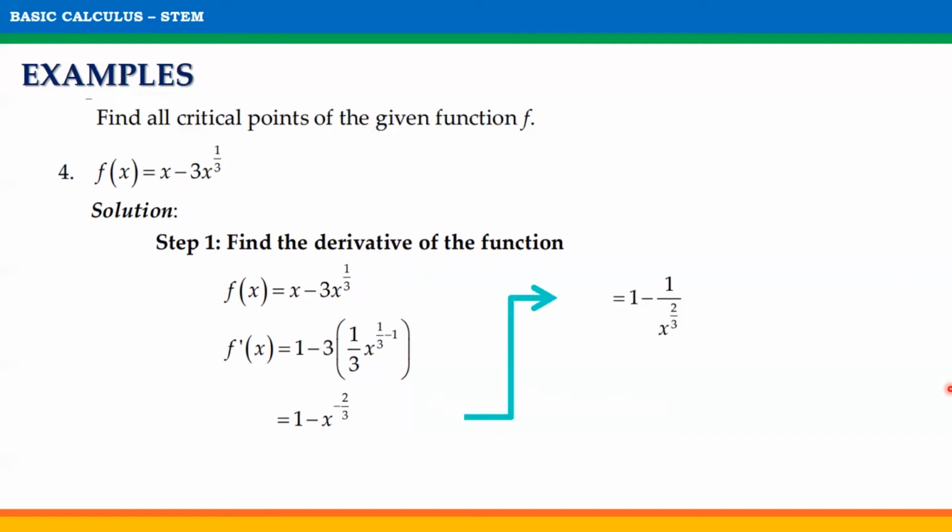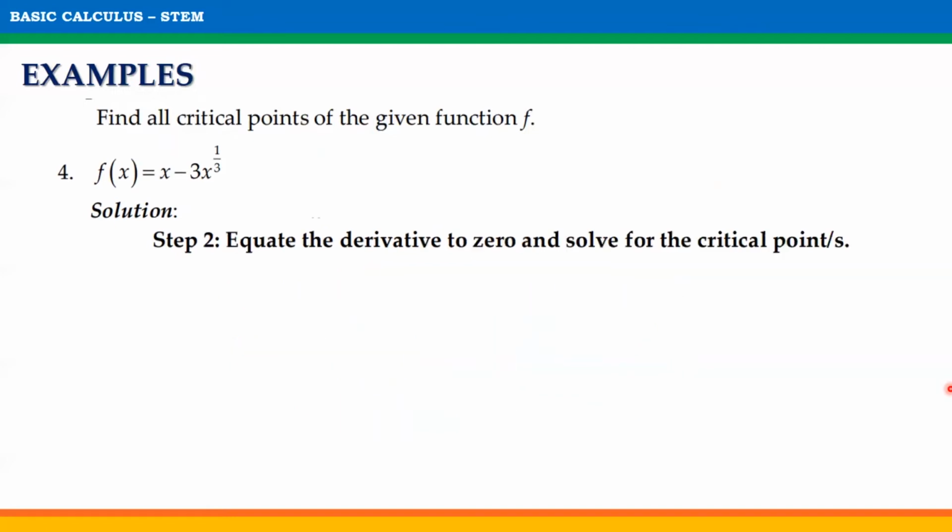Since we have a negative exponent on x, for it to become positive, we write it in the denominator, giving us 1 minus 1 over x raised to 2/3. Simplifying our expression, we get x raised to 2/3 minus 1 all over x raised to 2/3.